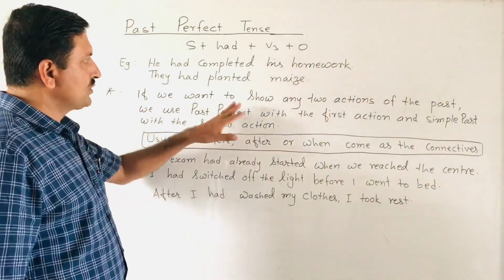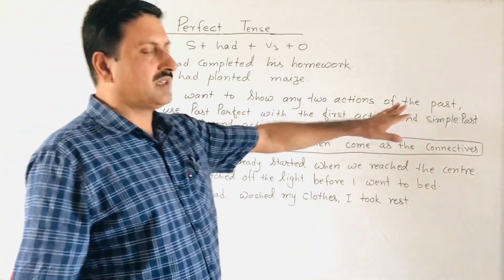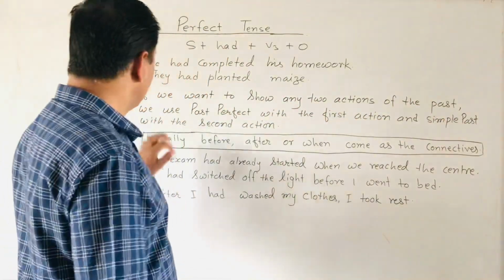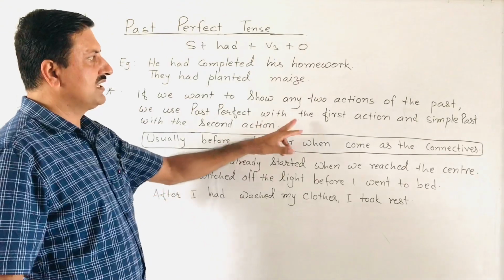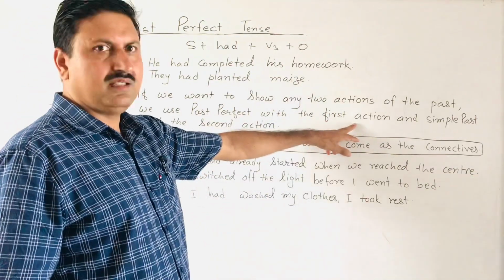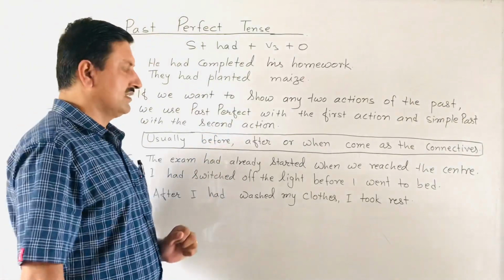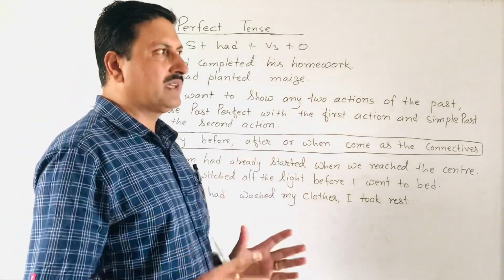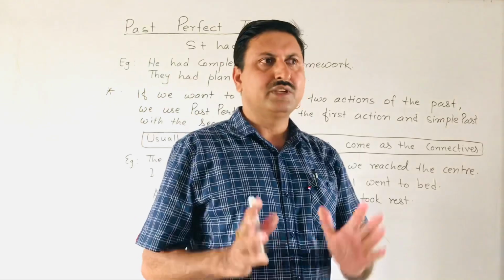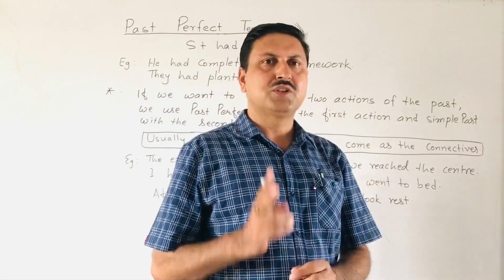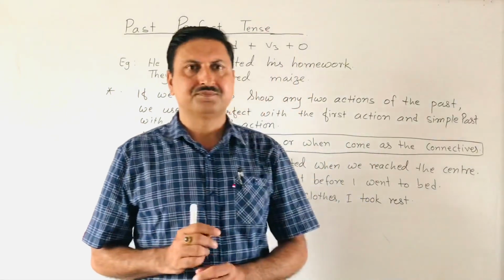If we want to show any two actions of the past, we use past perfect tense with the first action and simple past tense with the second action. Sometimes while speaking or while writing, we have to show two actions of the past.